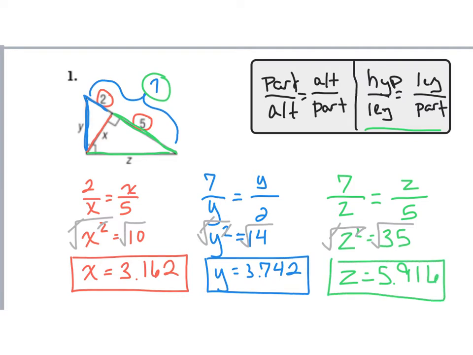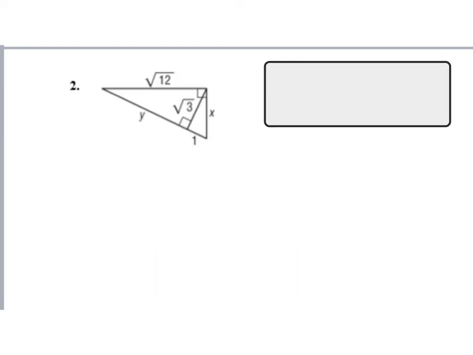All right, let's look at another example. All right, so in this one I need to find x and y. If I look at x, x is a leg, and my leg formula says that the leg is the geometric mean between the hypotenuse and the part closest to that leg.